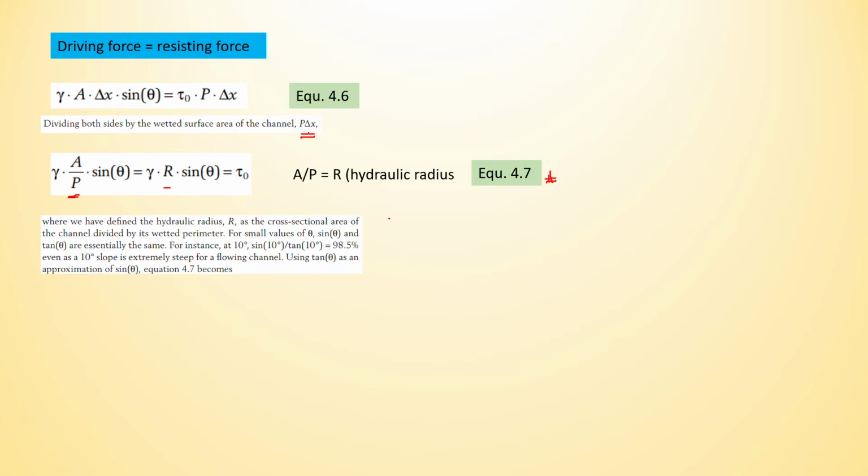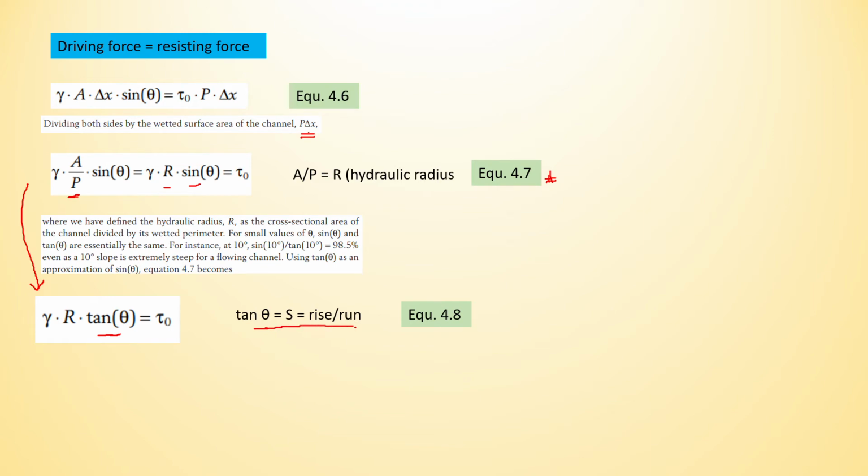You can read the explanation here. This is from the textbook, how from this equation we get to this equation, with the explanation about sin theta and also tan theta. Now, tan theta is actually equal to S, the slope. The slope is equal to rise over run.